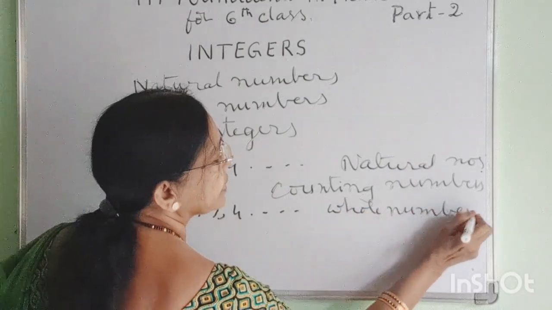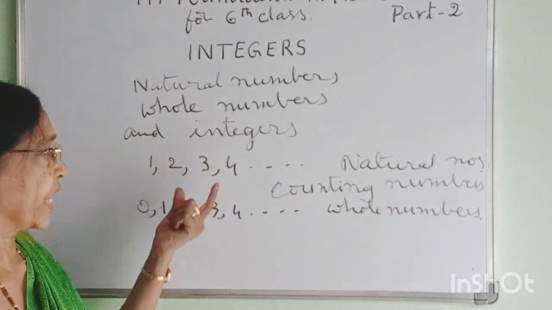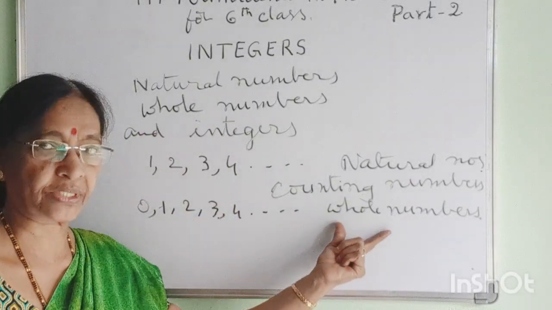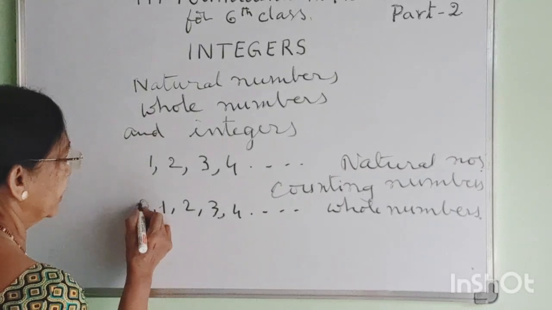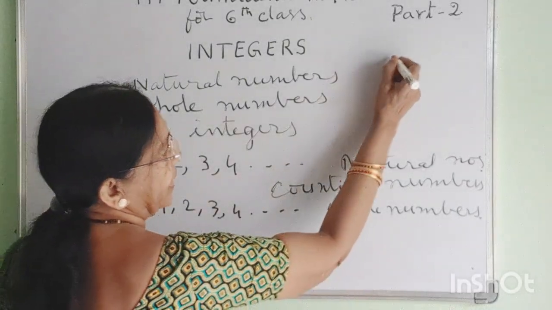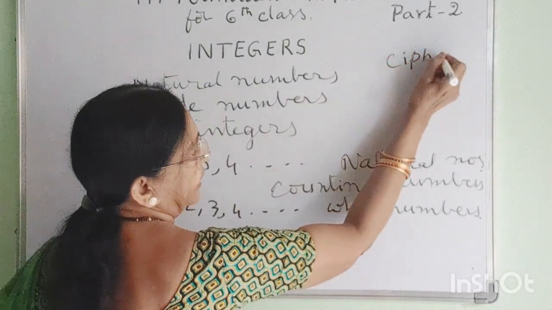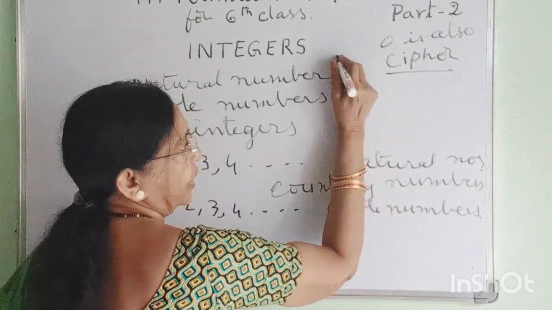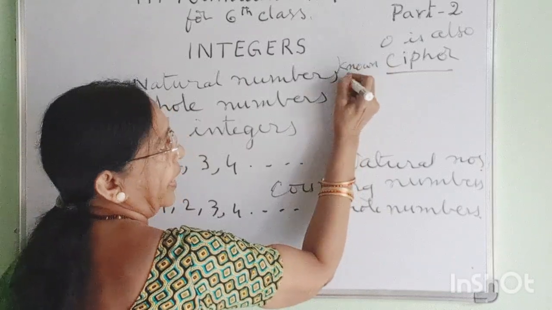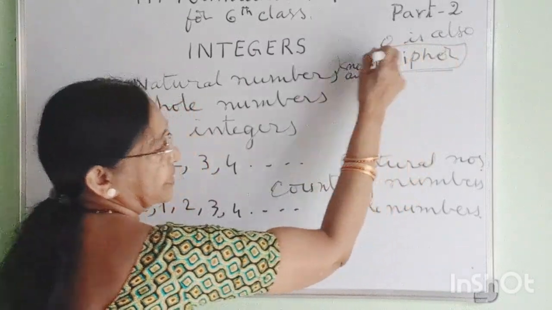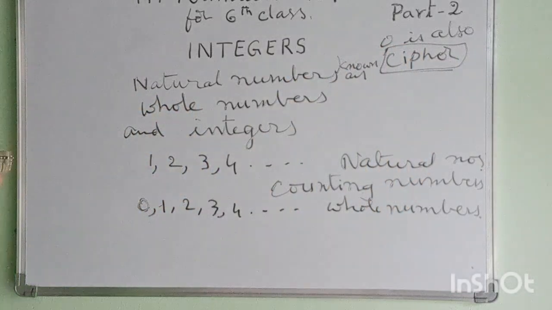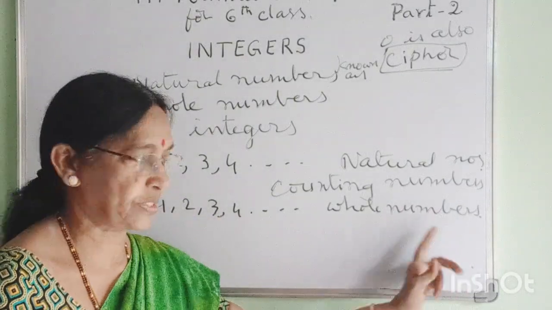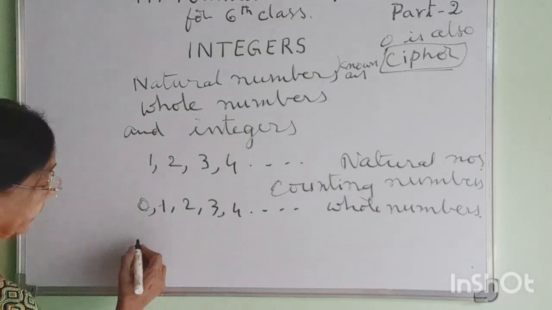So, natural numbers along with 0 are called whole numbers. 0 is also known as cipher. This is another name for 0. So 0, 1, 2, 3, 4, etc. are called whole numbers. Then integers.